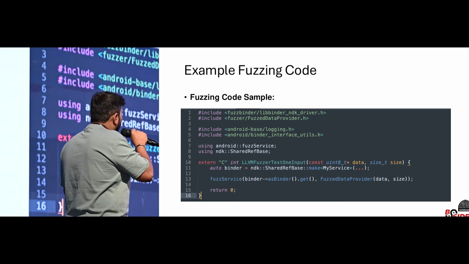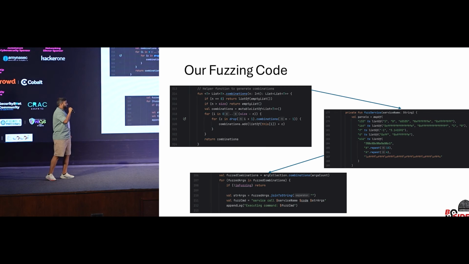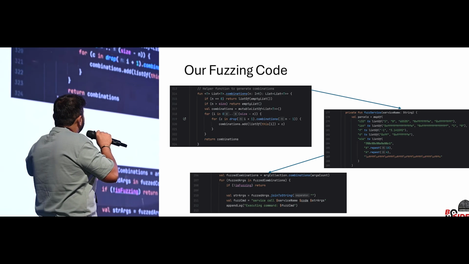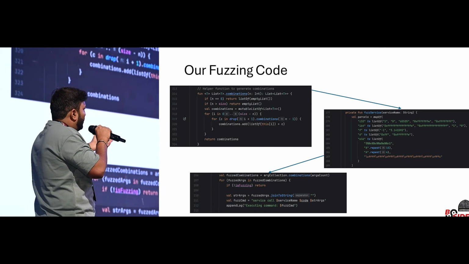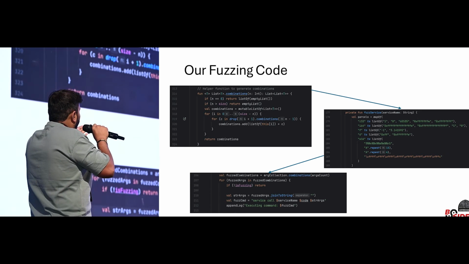That's exactly what we did, but with a bit more creativity. The first function that you see on the right has the list of all the valid data that can be processed by an AIDL interface. There's a combination function on the top which generates all permutations and combinations of that available data.